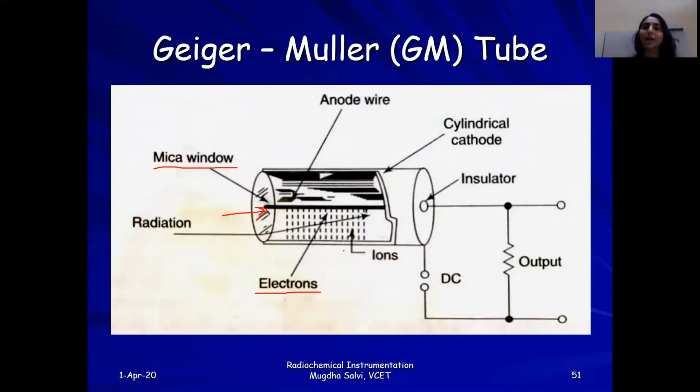Because of that, there is an accumulation of very high positive charge around the cathode and very high negative charge around the anode. Now, because of this, whatever ionization is occurring in between, there will be an opposite field and there will be no attraction of ions and electrons, and they will stay where they are. Due to this, at a point, you get a stable output from the GM tube.